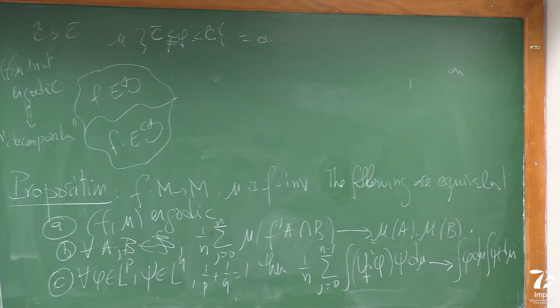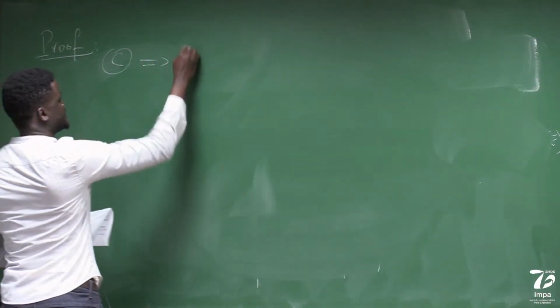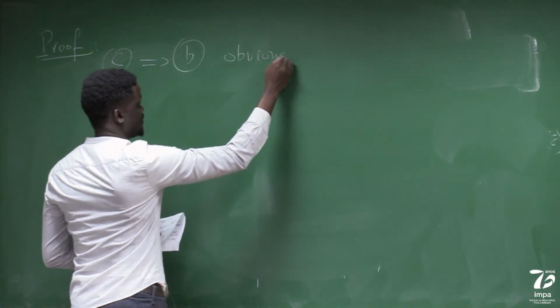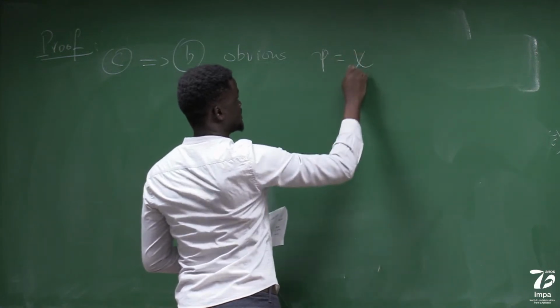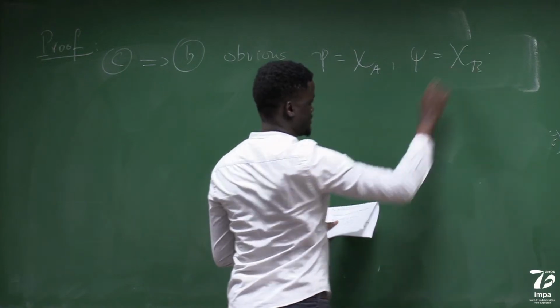So C implies B is obvious. We just take phi equals the indicator function of A, and psi the indicator function of B.